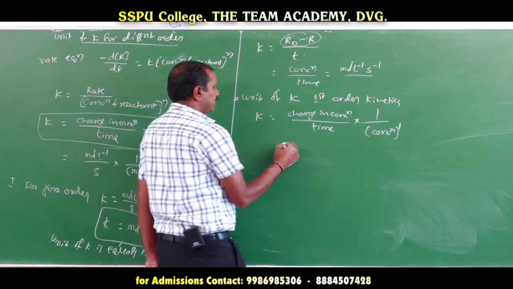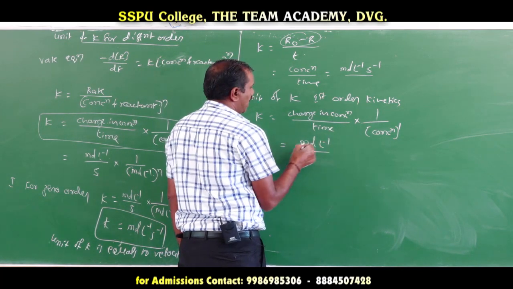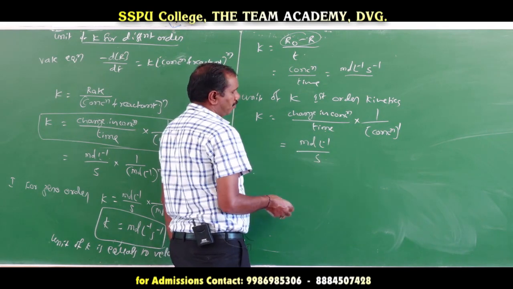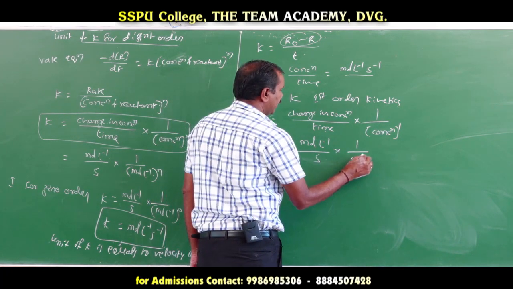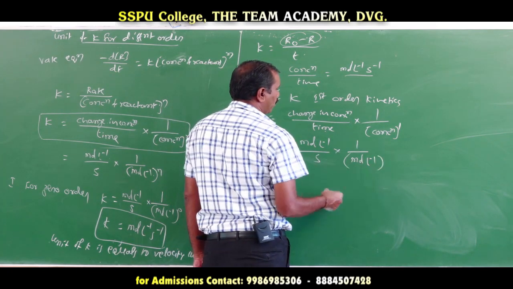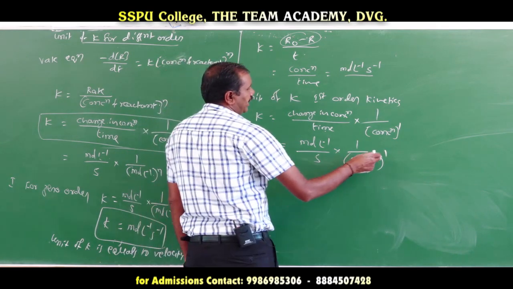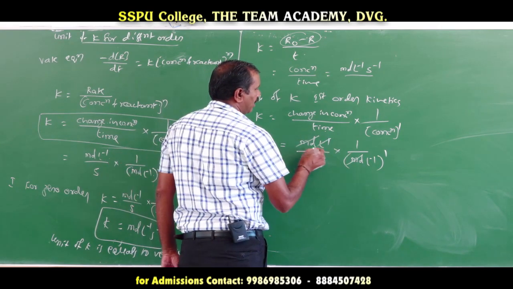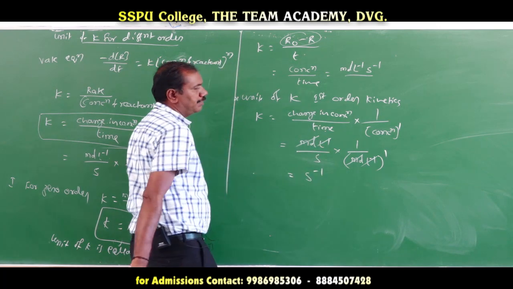Change in concentration is mole per liter, by time, in seconds. If it is minutes, we can write minutes also. 1 by concentration: unit is mole per liter to the power 1, which is nothing but mole per liter. Mole cancels, per liter cancels, then 1 by second means per second.